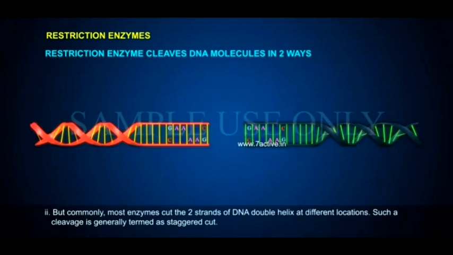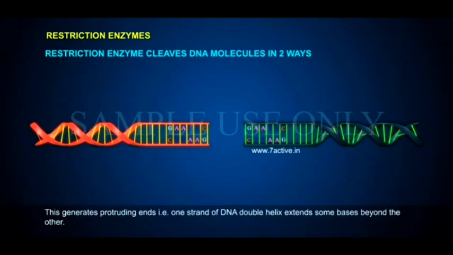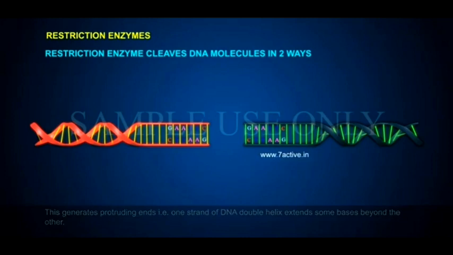2. But commonly, most enzymes cut the two strands of the DNA double helix at different locations. Such a cleavage is generally termed a staggered cut. This generates protruding ends. That is, one strand of the DNA double helix extends some bases beyond the other.